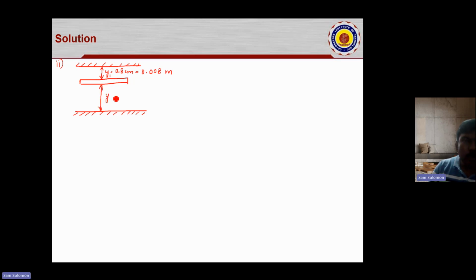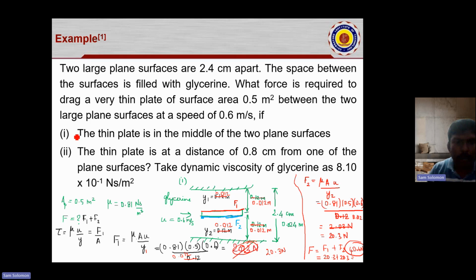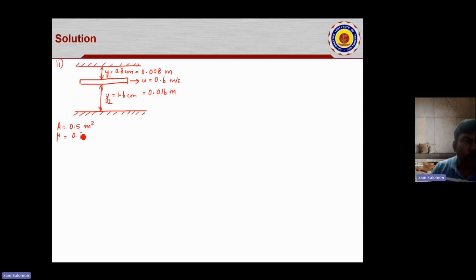And y2 is supposed to be 1.6 centimeter because the total distance between the two plates is 2.4. So this should be 0.016 meter. This is y2. And this is dragged with a velocity of 0.6 meter per second. The area of the plate is 0.5 meters squared. And the viscosity is 0.81 Newton second per meter squared.